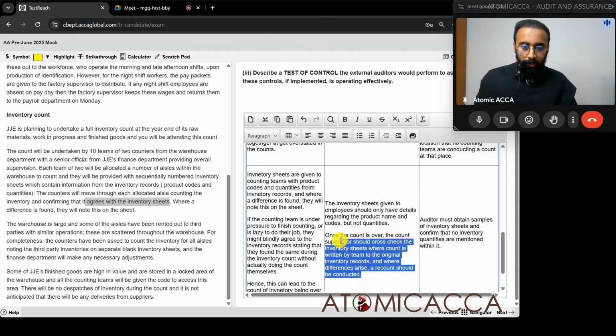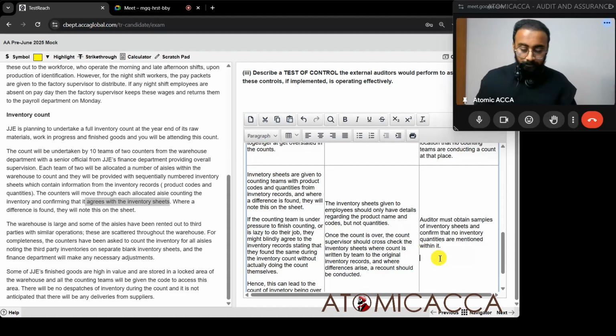Secondly, I want to confirm whether a recount is happening or not.